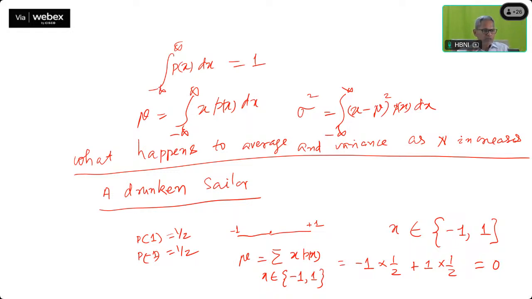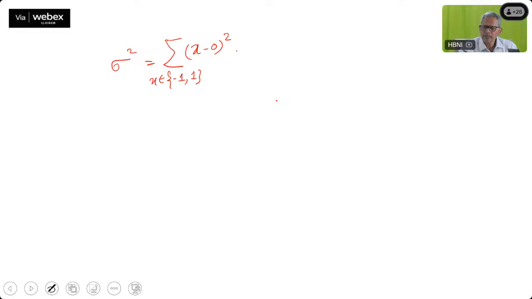What about its variance? Suppose I calculate the variance. Similarly, you calculate it. Variance you define as the sum over x of (x minus mu) squared times probability.